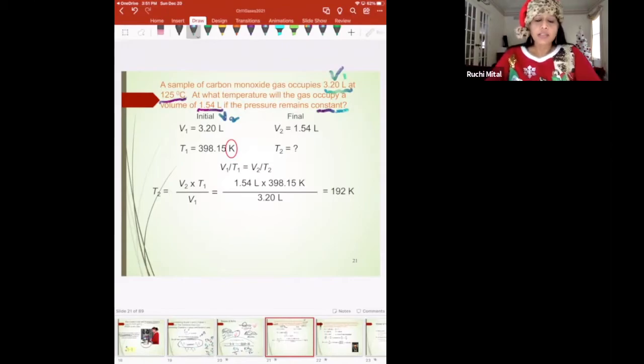Because the pressure is constant, we are comparing volume with temperature. You should be able to think about this equation, V1 over T1 equals V2 over T2, because that's a direct relationship. You identify your variables, plug in the numbers, and you will get your final answer.